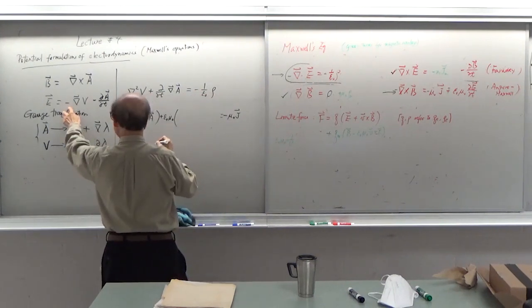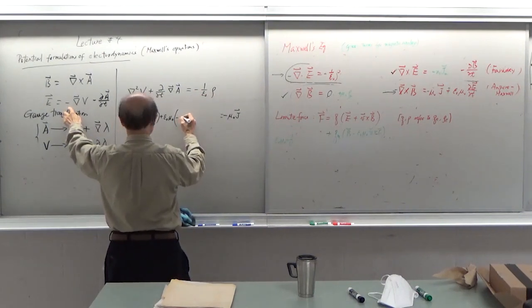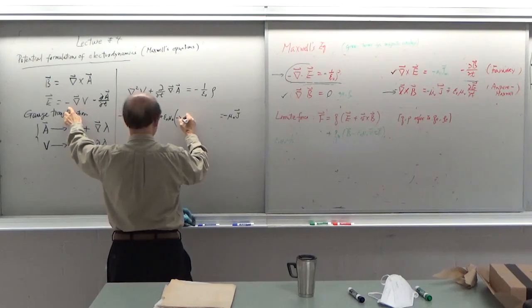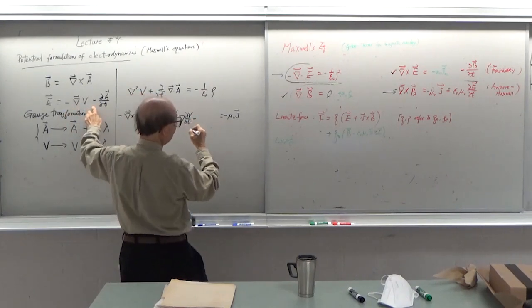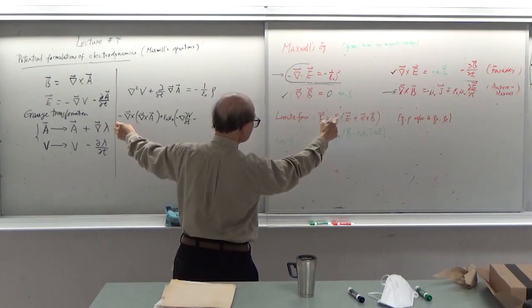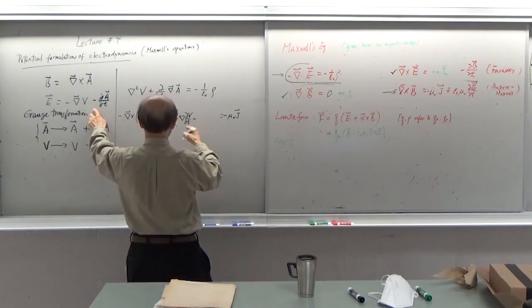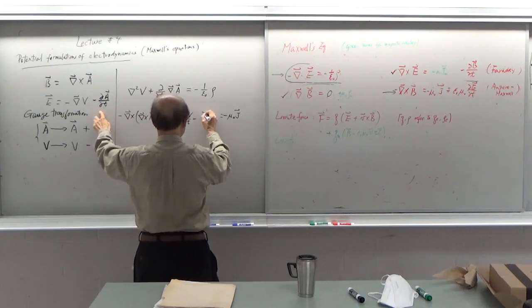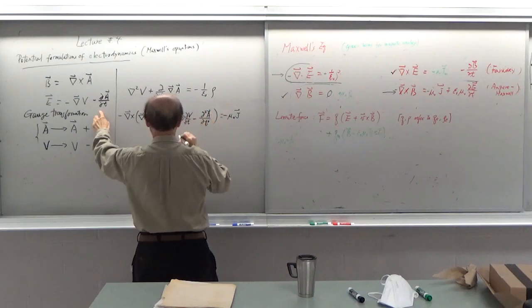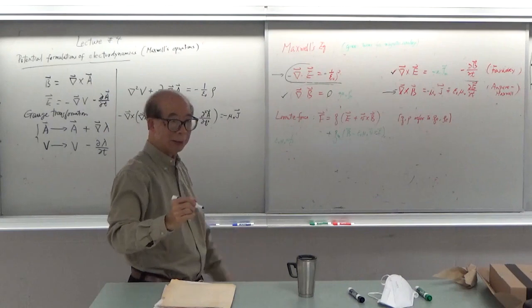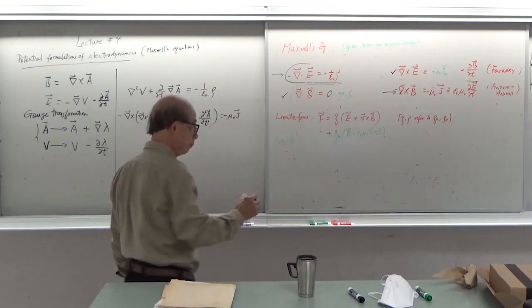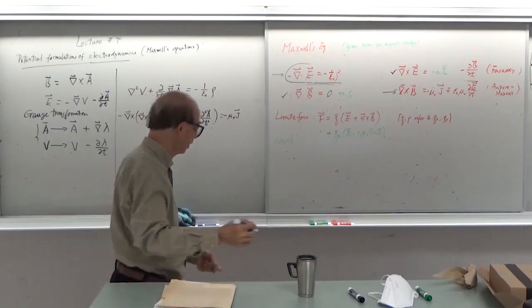Del E by del t will be minus gradient del V by del t, minus del squared by del t squared acting on A. If I have not made any algebraic mistakes, I will find out soon enough. I tend to make algebraic mistakes, and unfortunately, you guys are not allowed to point out my mistakes.